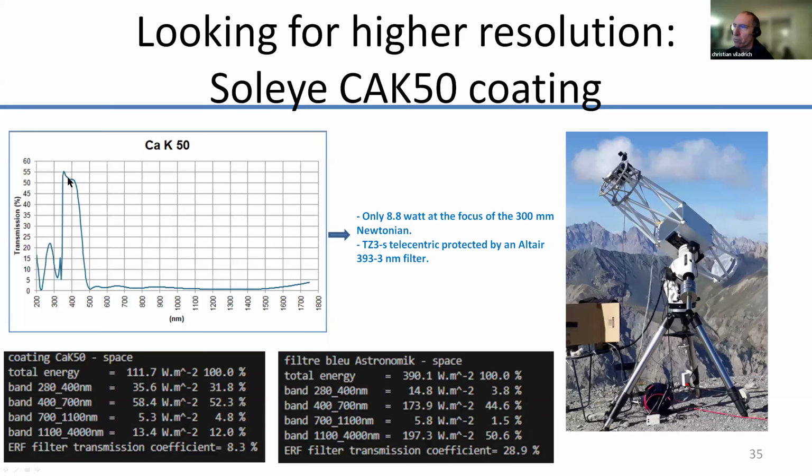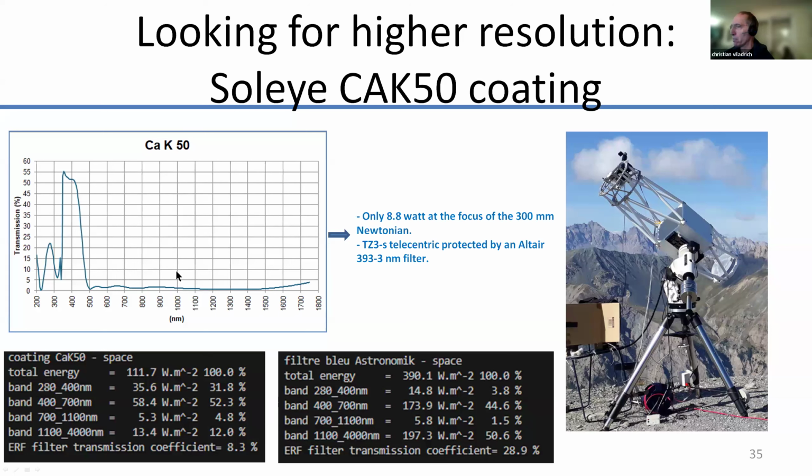So the light near calcium K is reflected up to 50%, and then the reflection is very low. So this is exactly as having an energy rejection filter, but instead of having the filter in front of the telescope, it is on the mirror by itself.